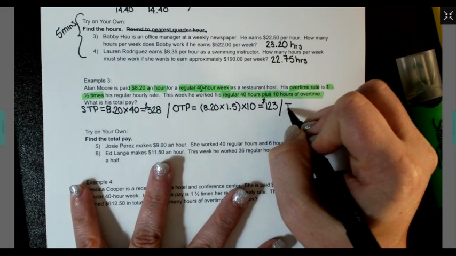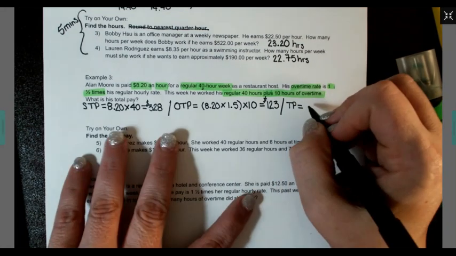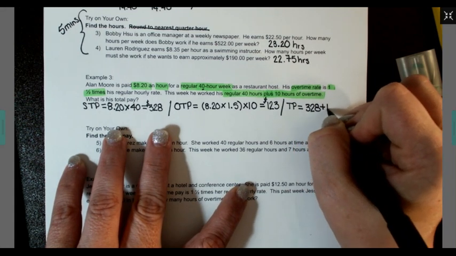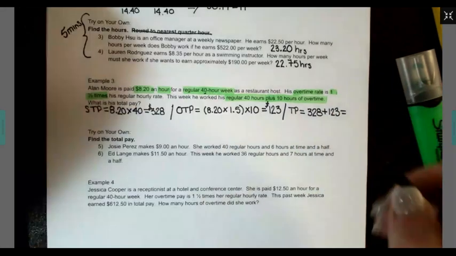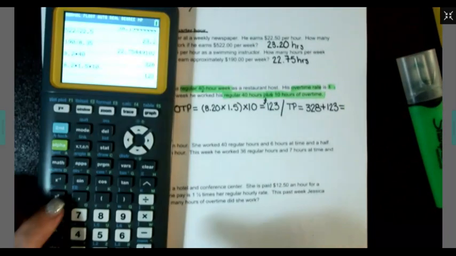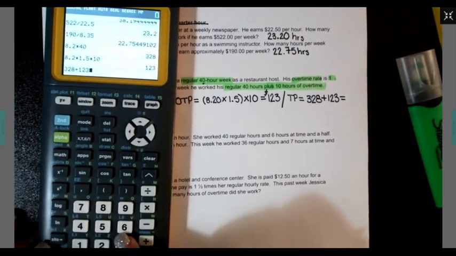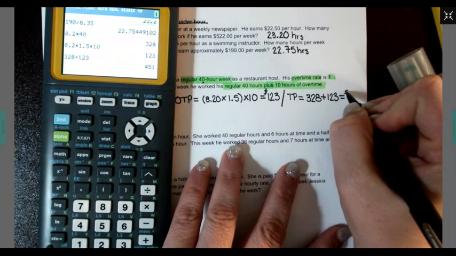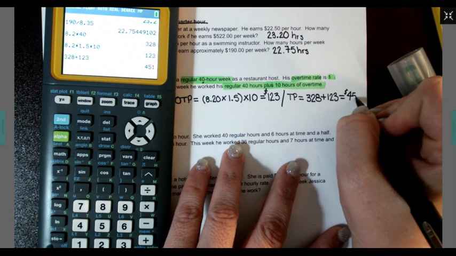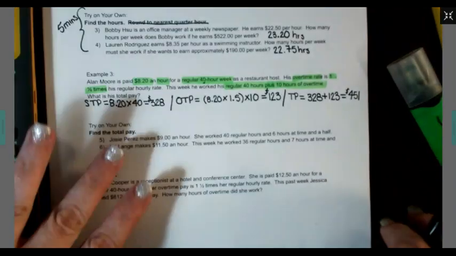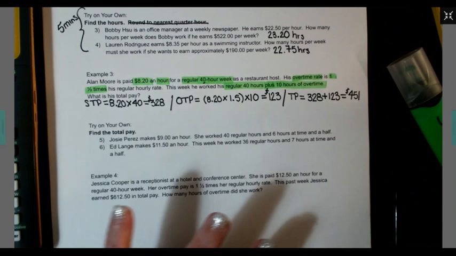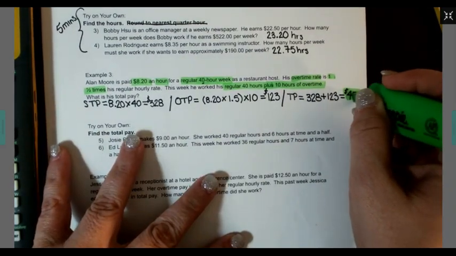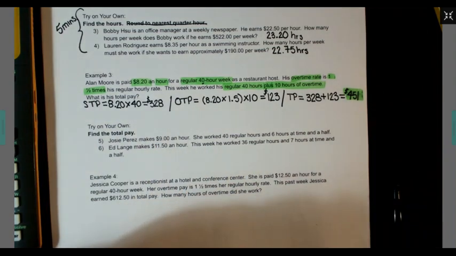So total pay equals 328 plus 123. I'm getting $451. So my final answer is this answer right here. All the rest of it was just work to get to that point.